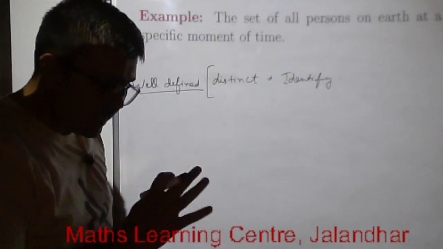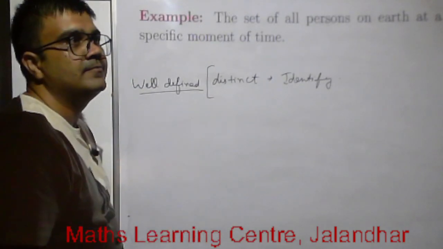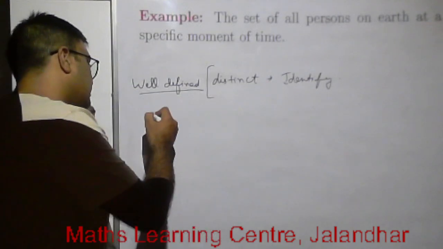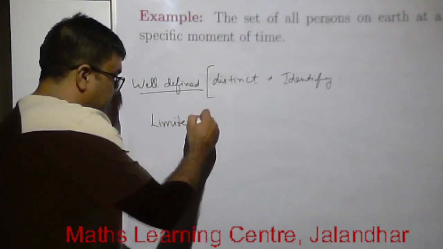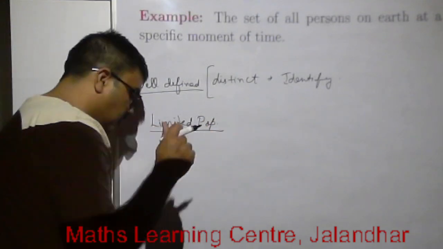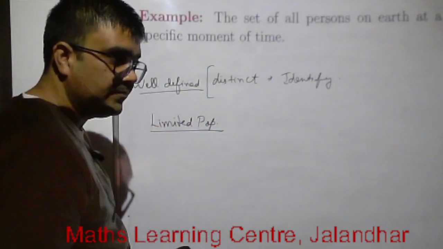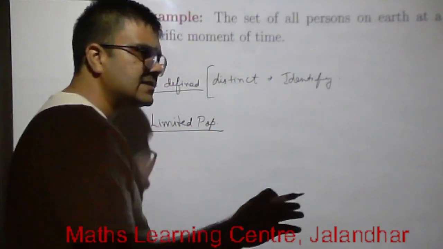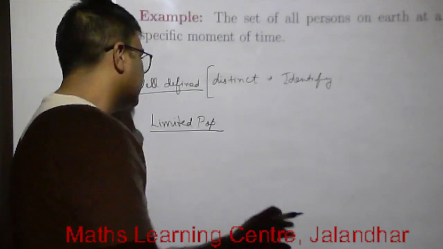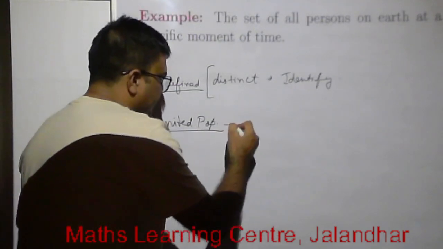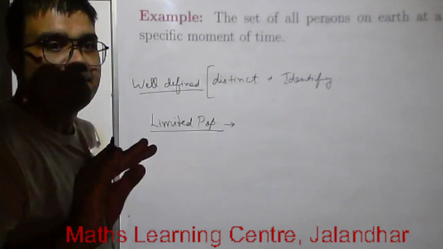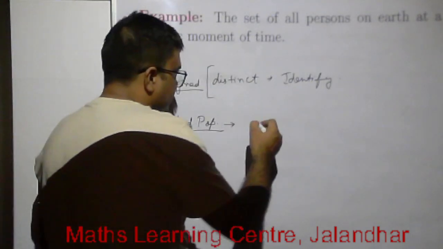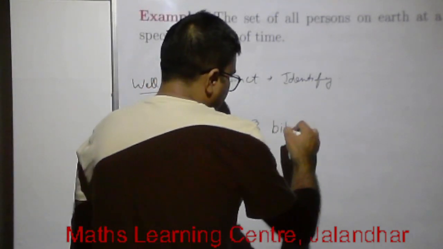Suppose I am talking about a particular moment; there will be some limited population. I am talking about a particular instant of time. Someone might be dying, someone might be getting born, but at a particular moment of time, there will be a specific number. Say that number is 8 billion.